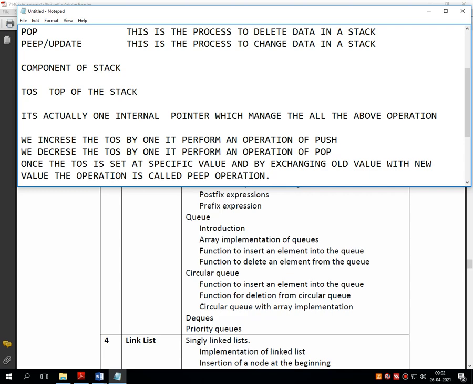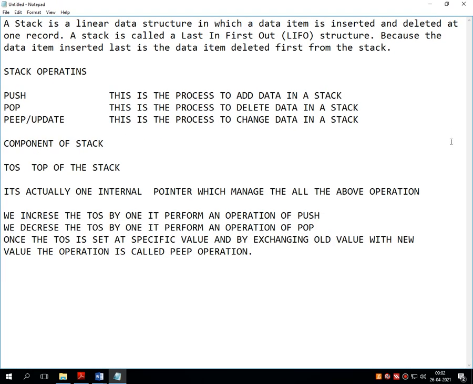So this is the component that we have to keep in our mind, which is called as TOS. Again, I am going to repeat the entire discussion for the second time, as this is very important.